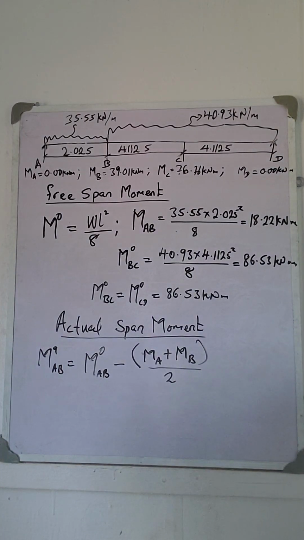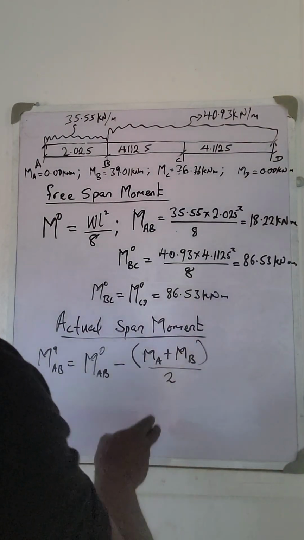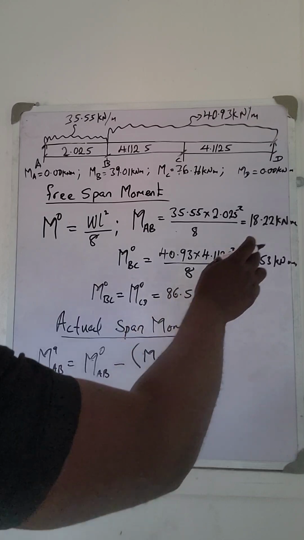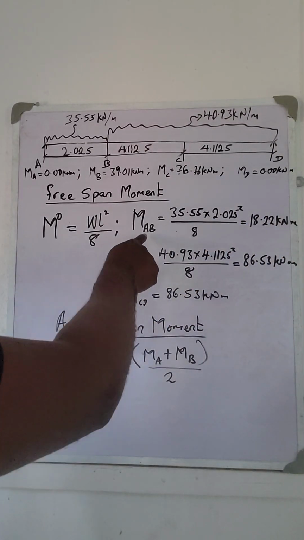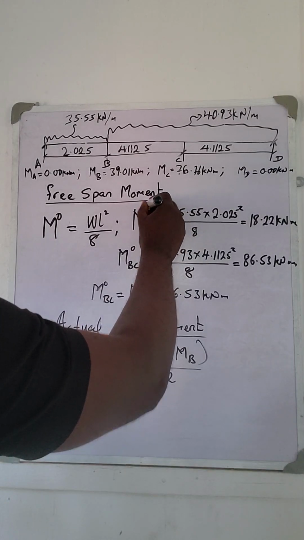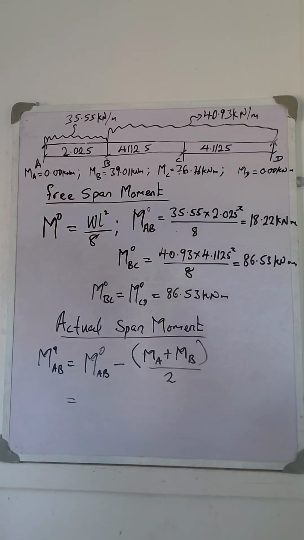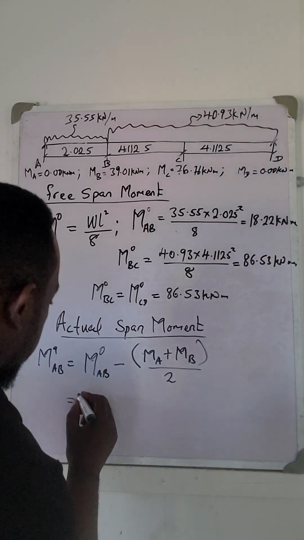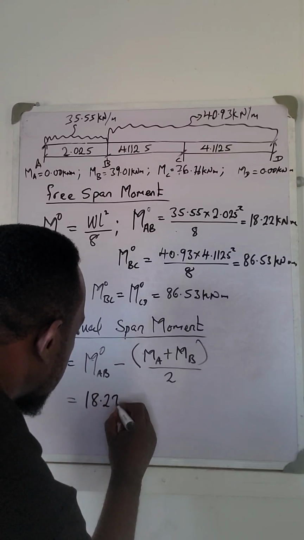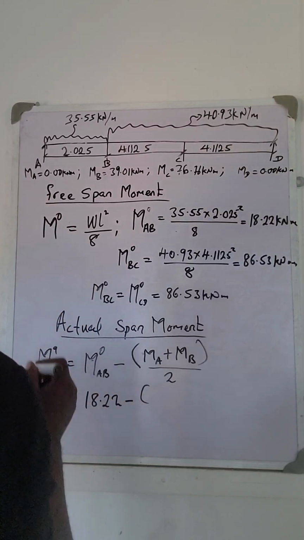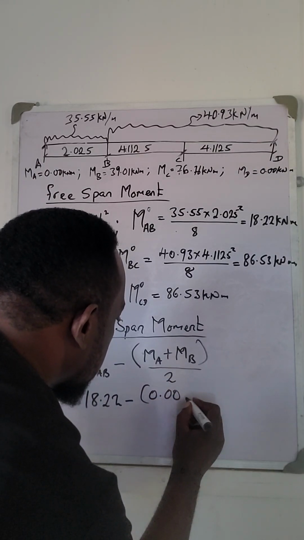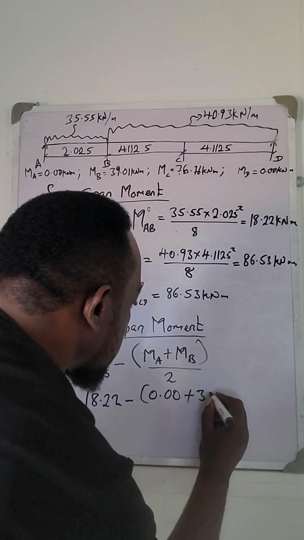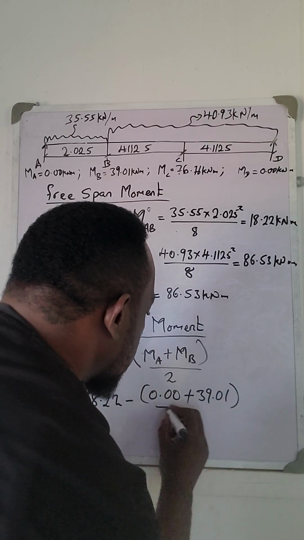Now when I impute the values, the free span moment AB will be equal to 18.22. So you have 18.22 minus, what is our MA from here? 0.00, plus MB is 39.01, right, over 2.